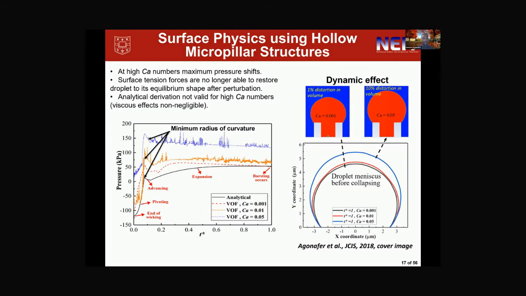So we conclude that the analytical derivation is not valid at very high capillary numbers. We can also see this on the right-hand side, where at a capillary number of 0.05 you get about a 10% distortion in volume, and that's why you see this difference in radius of curvature here.